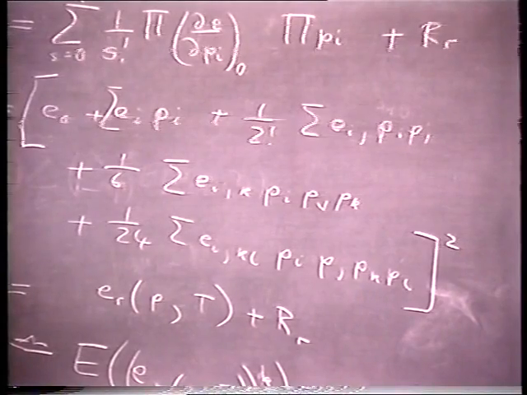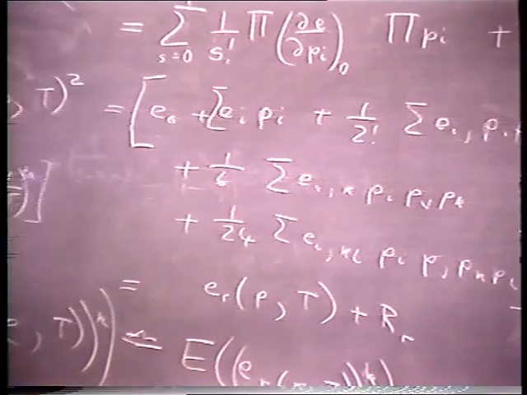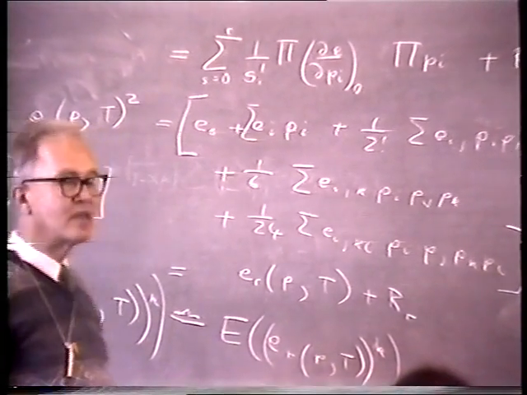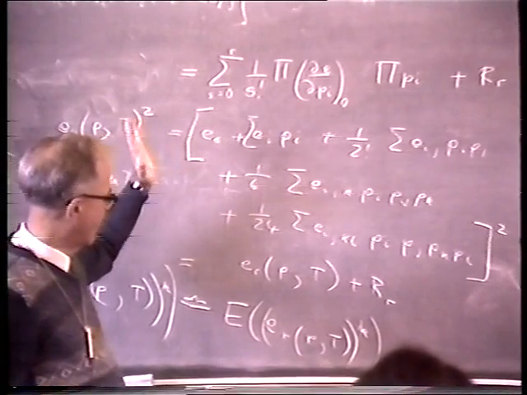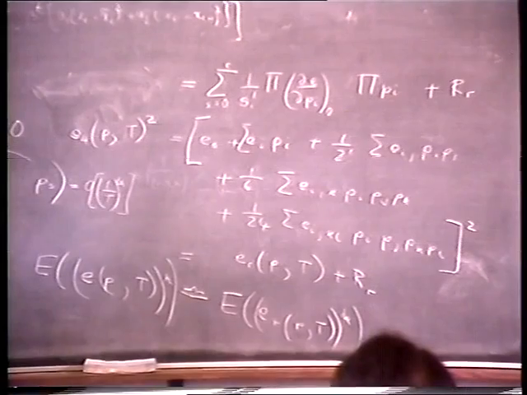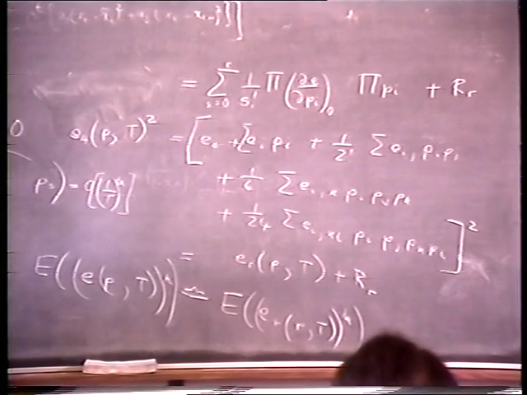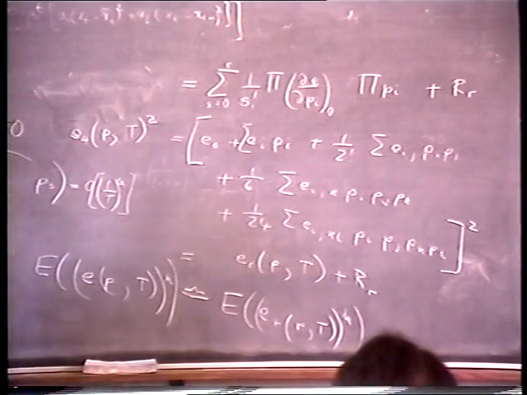Well, clearly then, though there's only a finite number of terms here, there's something of a problem to square it out, and then, having expressed it as a sum of products and squares of the separate terms here, taking expectations of that term by term.